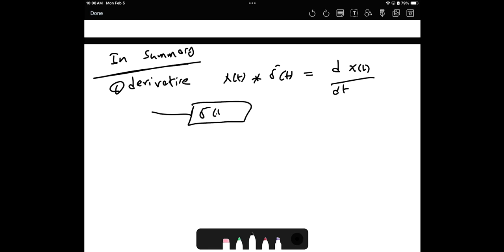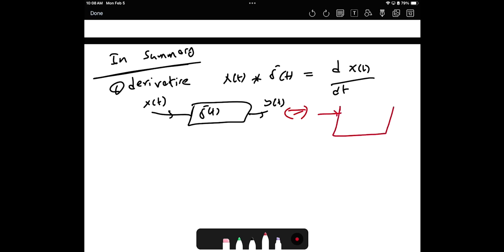Here is delta prime of t, then here is y of t, here is x of t. Okay? And it is called an ideal differentiator. And then we make the equivalent circuit like this one. This is equivalent to the ideal differentiator, equivalent to this, which just does d by dt.